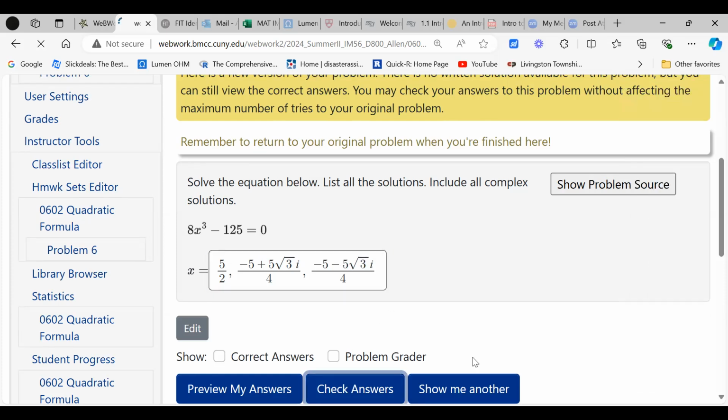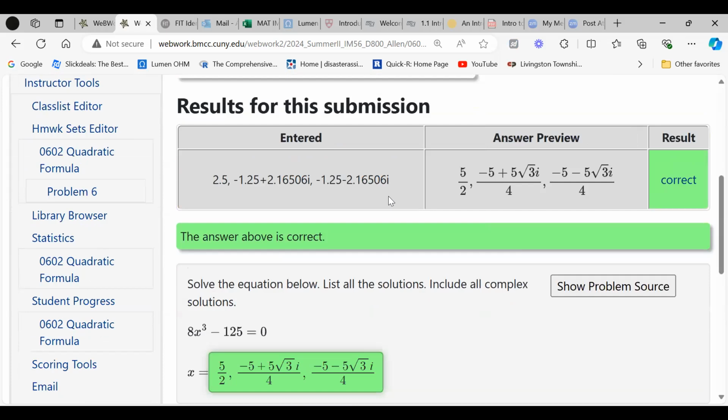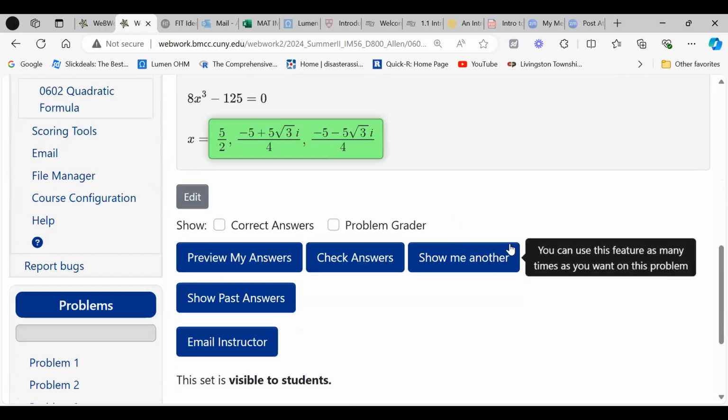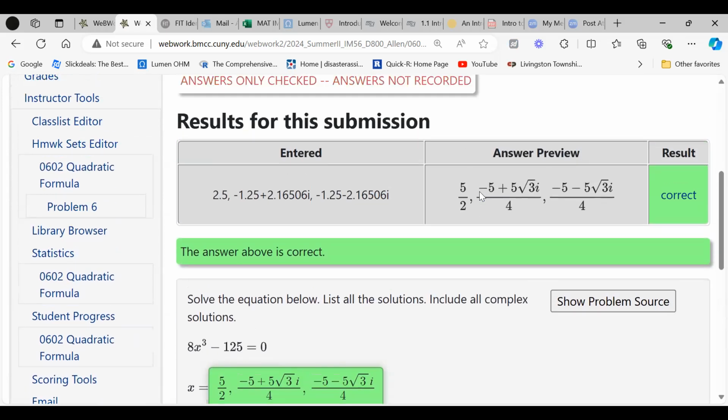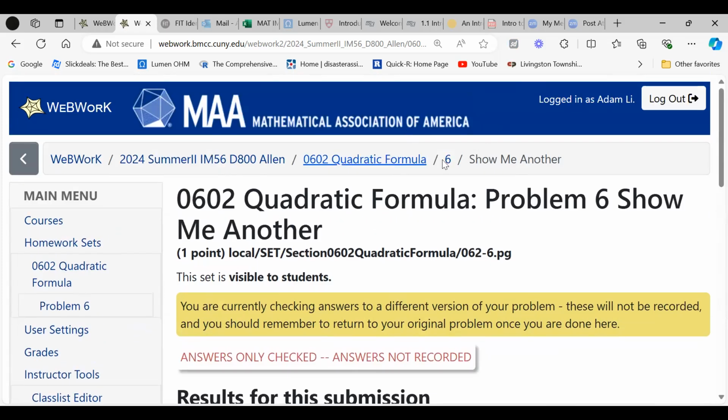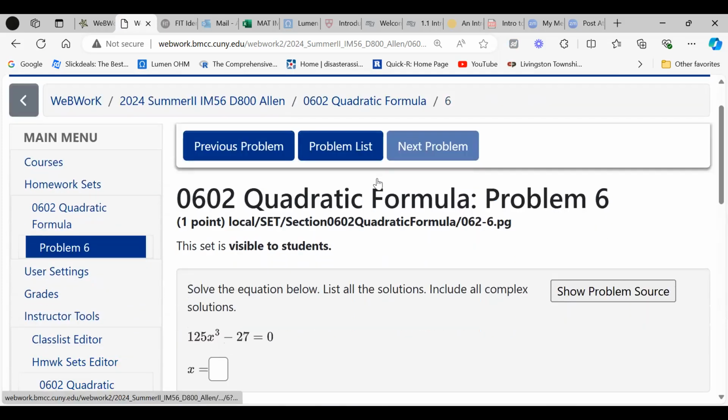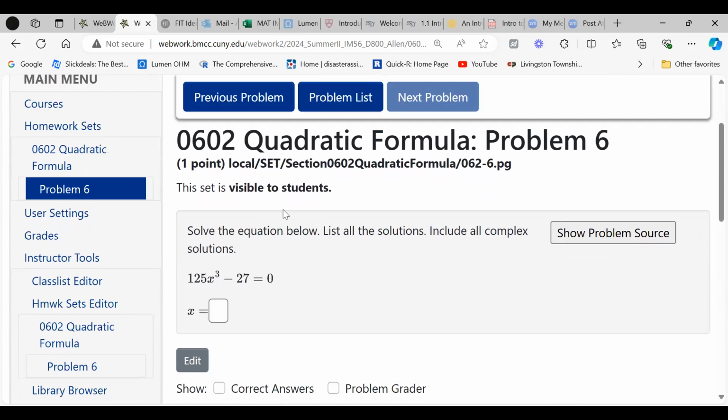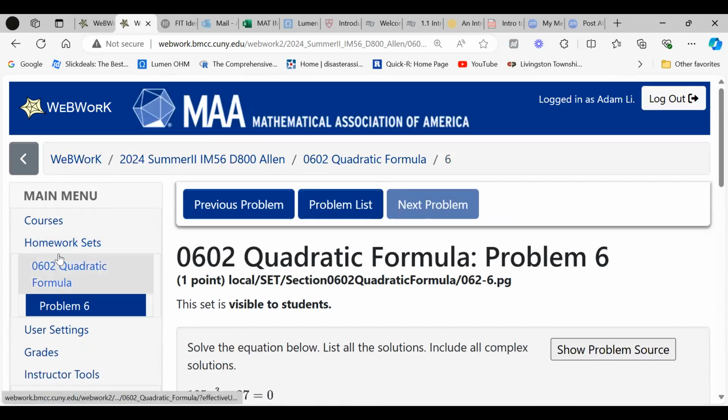And check the answers. We have 3 solutions here. Okay. Any questions about this? Okay, that's how we use the quadratic formula to solve a second degree polynomial function, which is a quadratic function, and this is a cubic function, a third degree polynomial function.